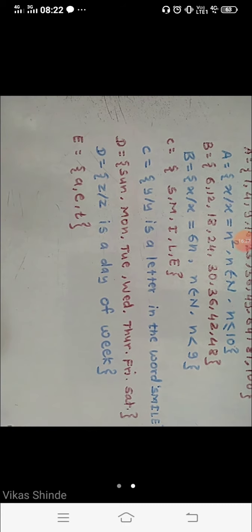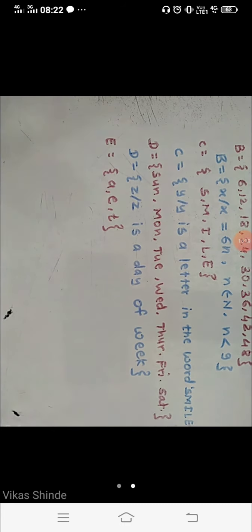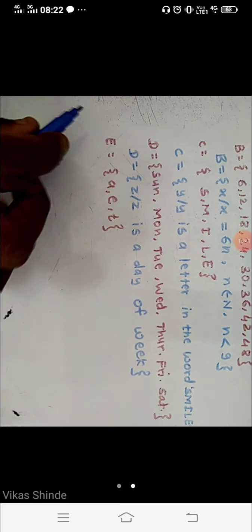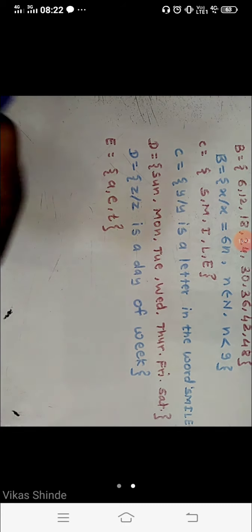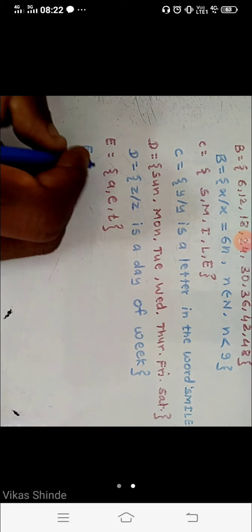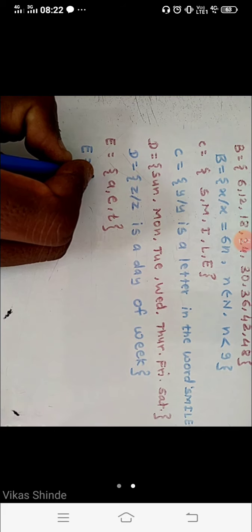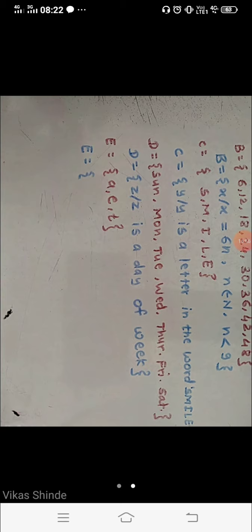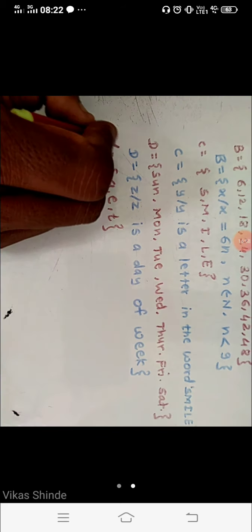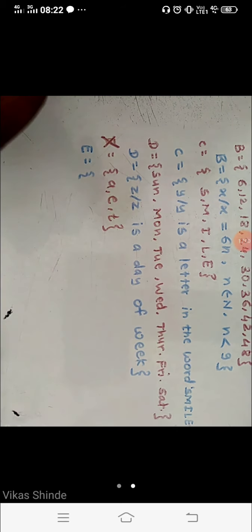Now next one, set E here, AET. We have to make a meaningful word now here. So that's why we have to write here E is equal to here. Wait a minute. I hope X is there in your textbook. So no problem. Mention here X. So right here now below also X here.